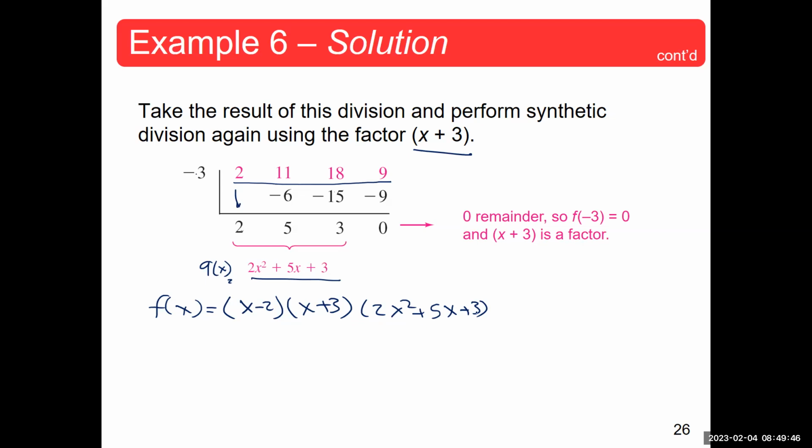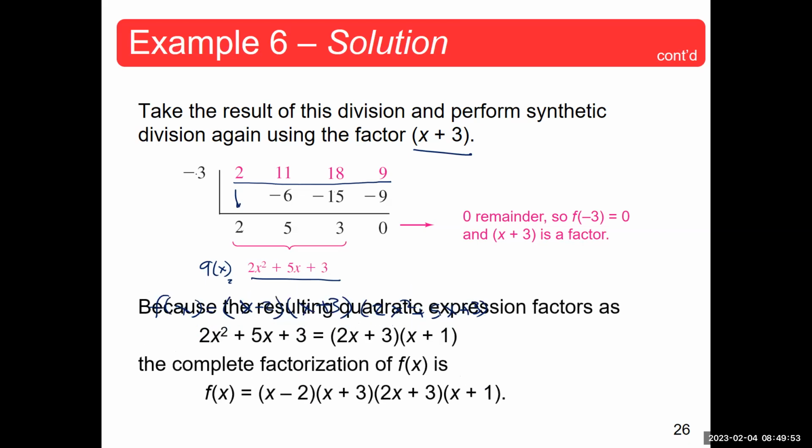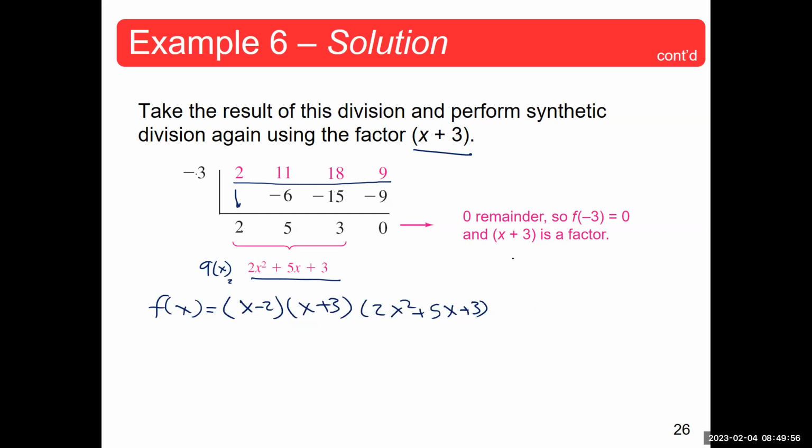2 times 3 is 6. Then you factor. So if you say 2 times 3, that's going to give you 6. Two numbers that add up to 5 and multiply to 6 are obviously 2 and 3.